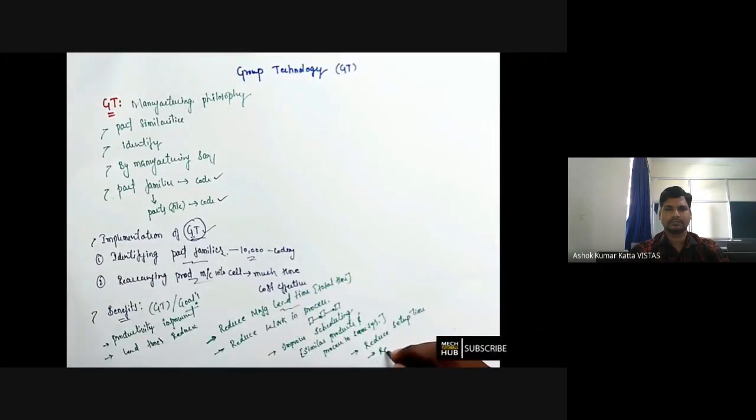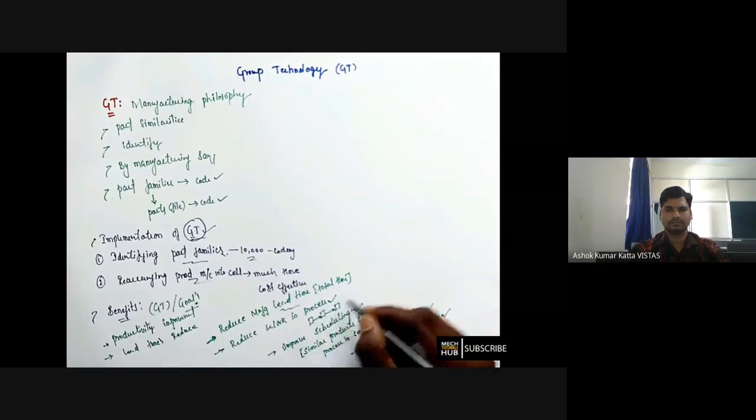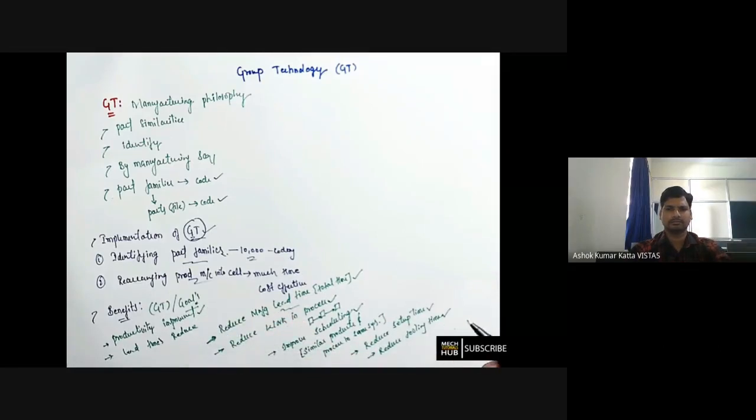And maybe reduce tooling time. With this, if the tooling time comes down, obviously the production rate will increase and production time will also come down. Similarly, setup time, tooling time, then scheduling, work in process, and total time of the product all lead to productivity improvement.